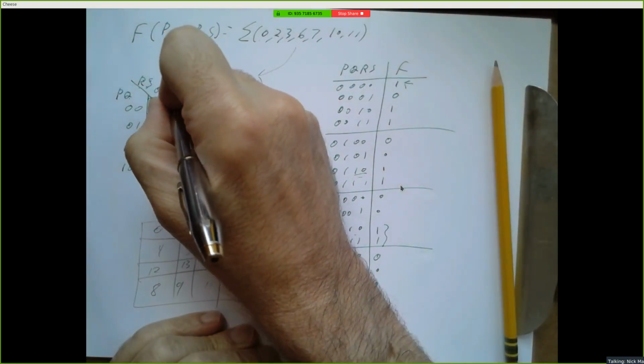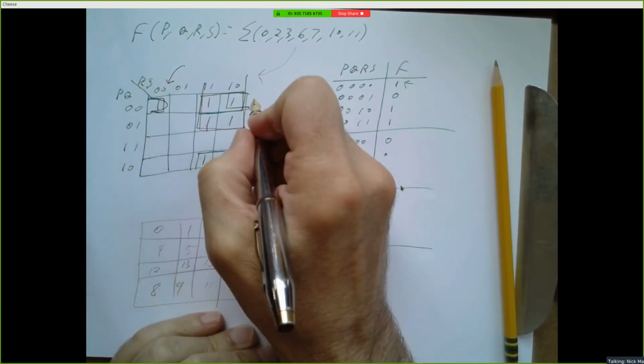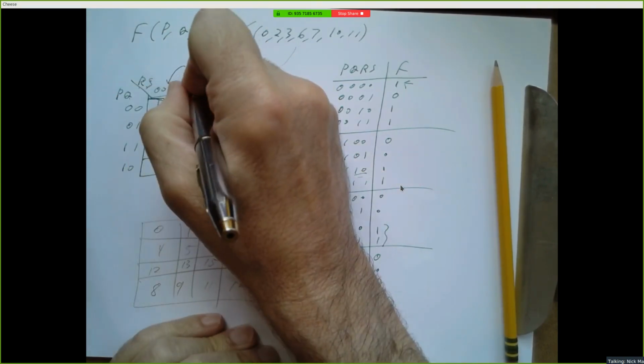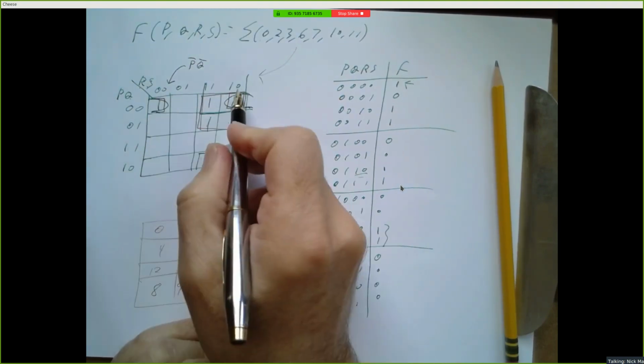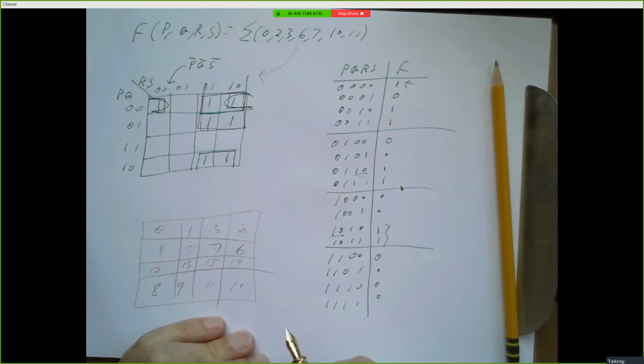All right, so this 1x2 rectangle, which goes here and here, P is a 0, Q is a 0, R could be a 0 or a 1, S is a 0, so that's S bar.